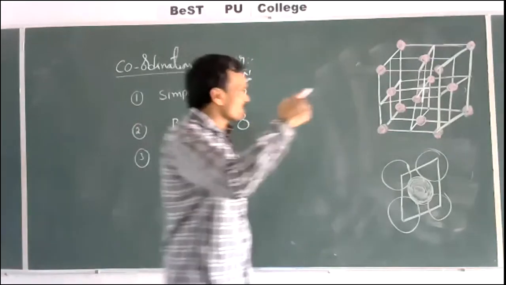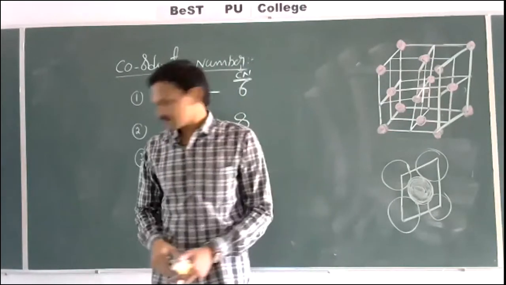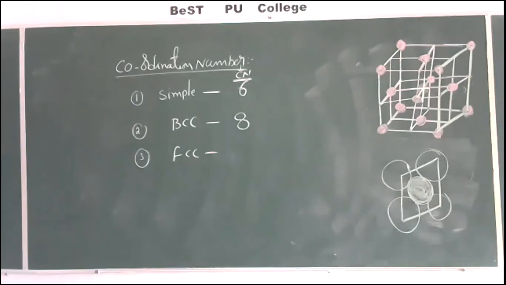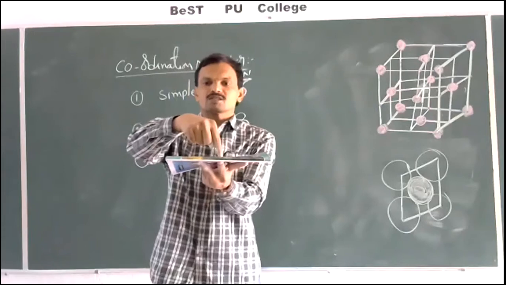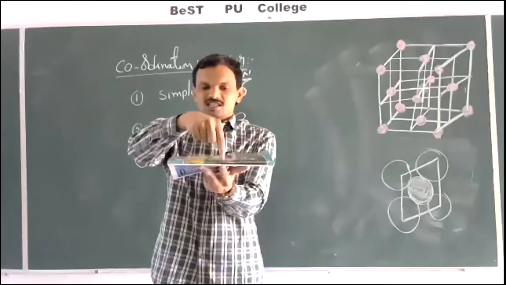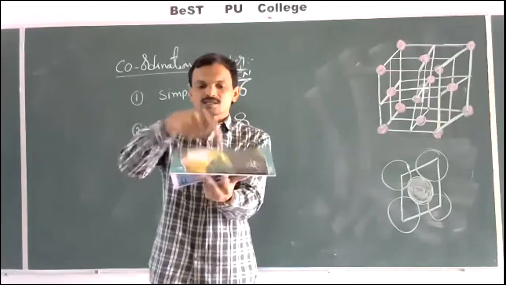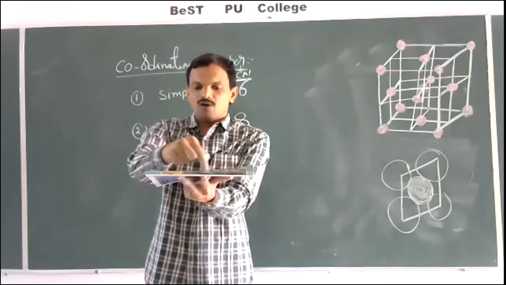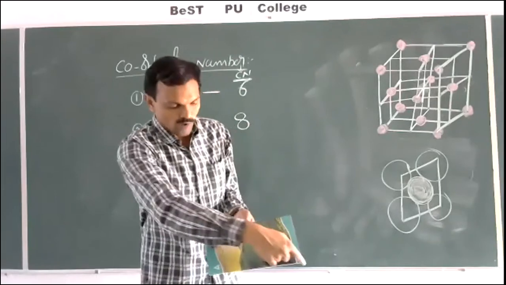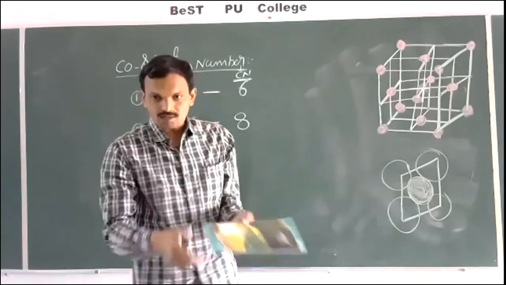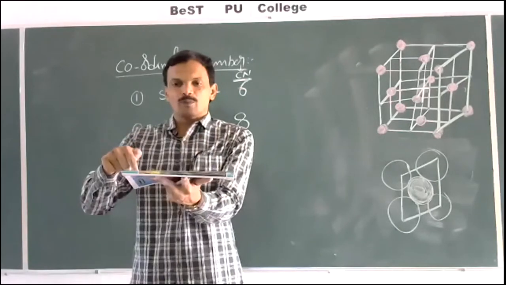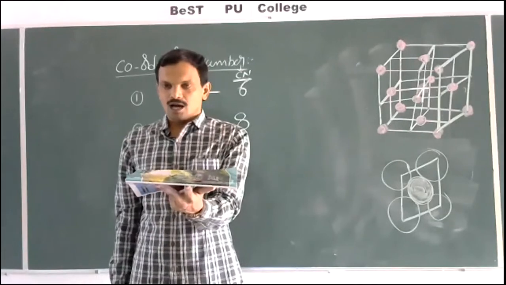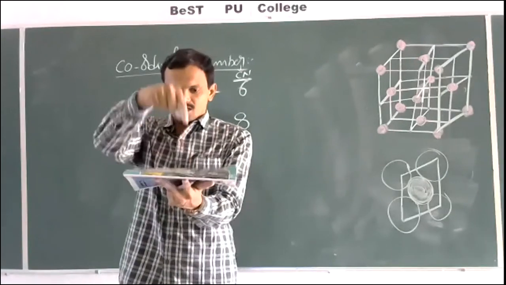With respect to a particle, we can take 3 different planes. Let us see here. This is the center of this book, and this is a plane. Now this center particle is in contact with 1, 2, 3, 4 corners in this plane. Now I'll take one more plane with respect to the same particle, the same position.